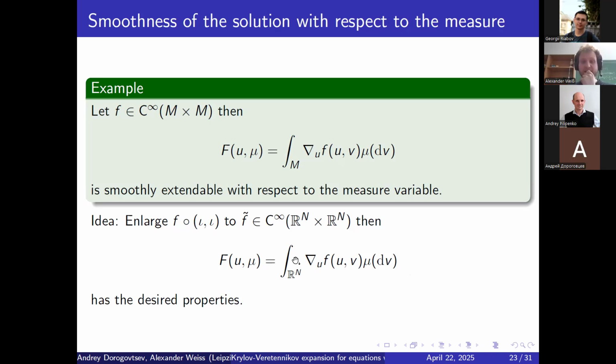And then, since the smooth structure is carried over by the Nash embedding, this function just coincides whenever we plug in a mu, which is supported on our manifold, and evaluated at some point in the manifold.